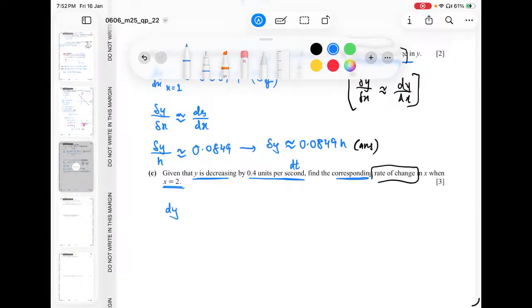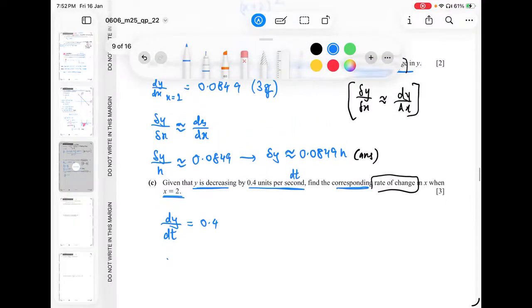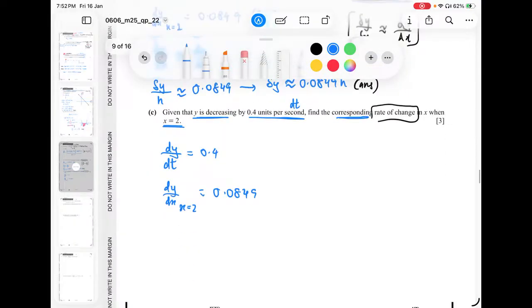So they have given you the information as the change in y over change in time is going to be 0.4. You need to find the corresponding change in x when x is equal to 2. So you already know that dy over dx for x is equal to 2 is going to be 0.0849. So basically use the chain rule again. That's the chain rule which we talked about.